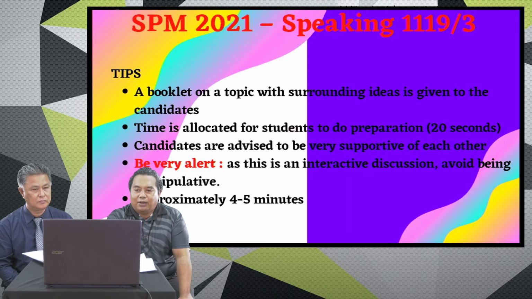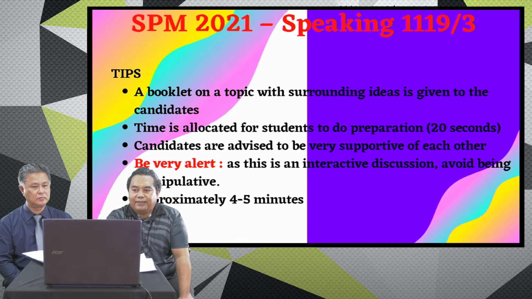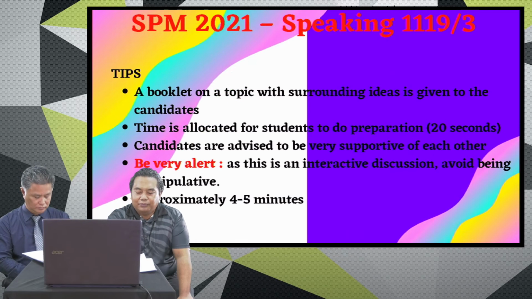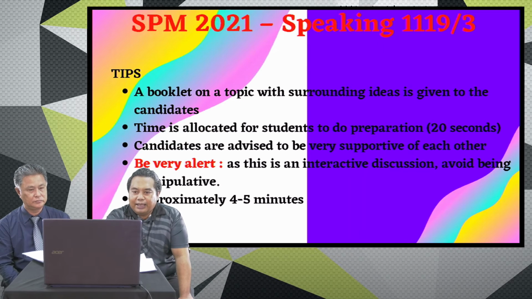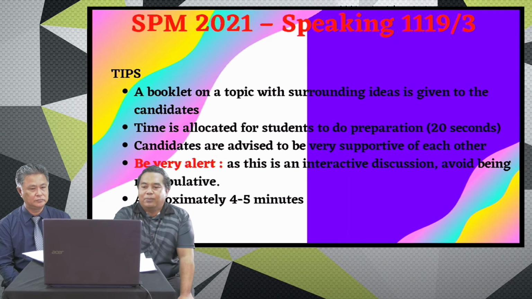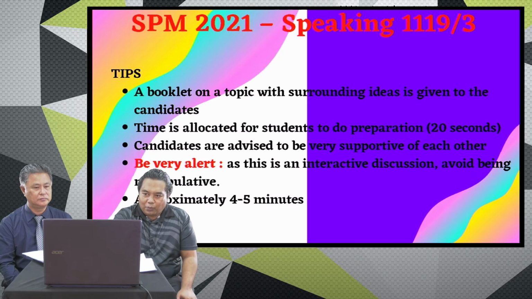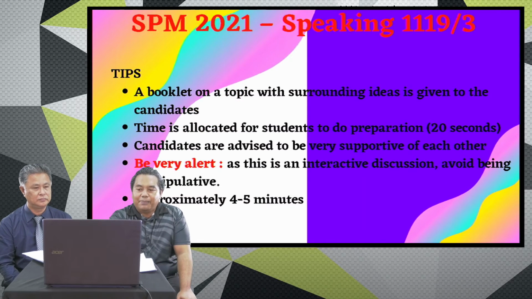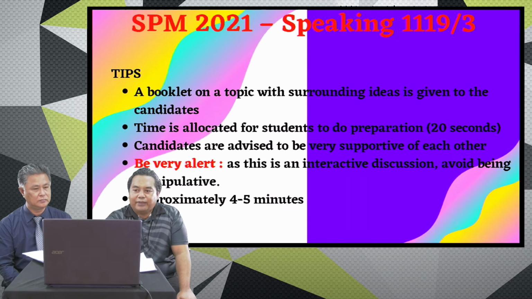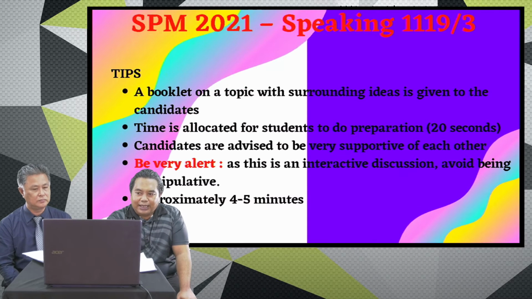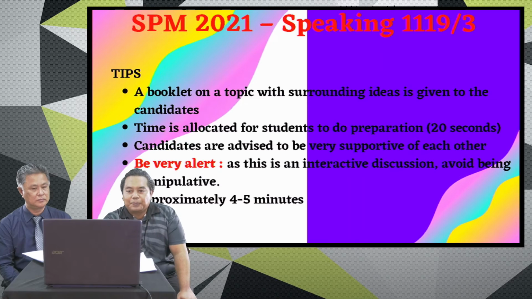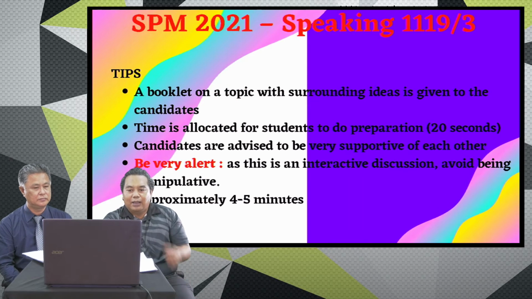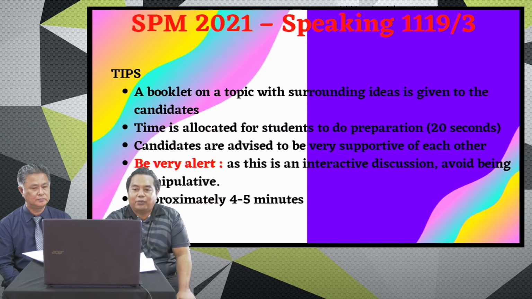A booklet on a topic with surrounding ideas is given to the candidate. Okay, in the same booklet or another booklet will be given where there are surrounding ideas using a mind map. There will be a question in the middle, and then there will be mind maps on how to approach that question.